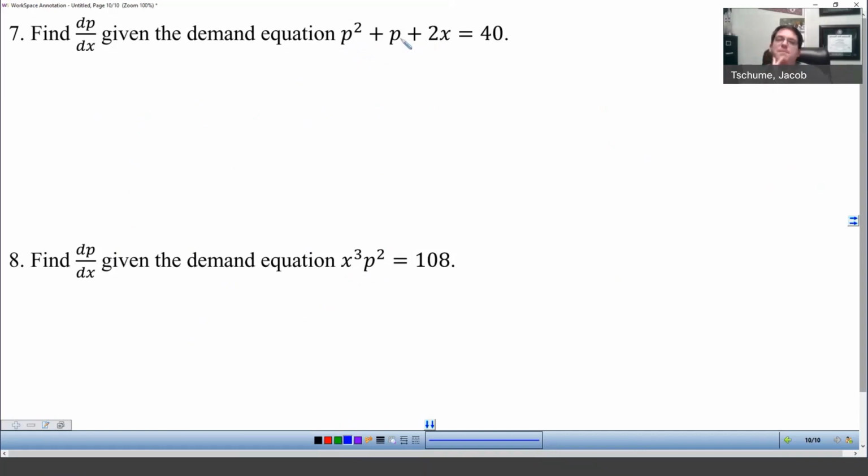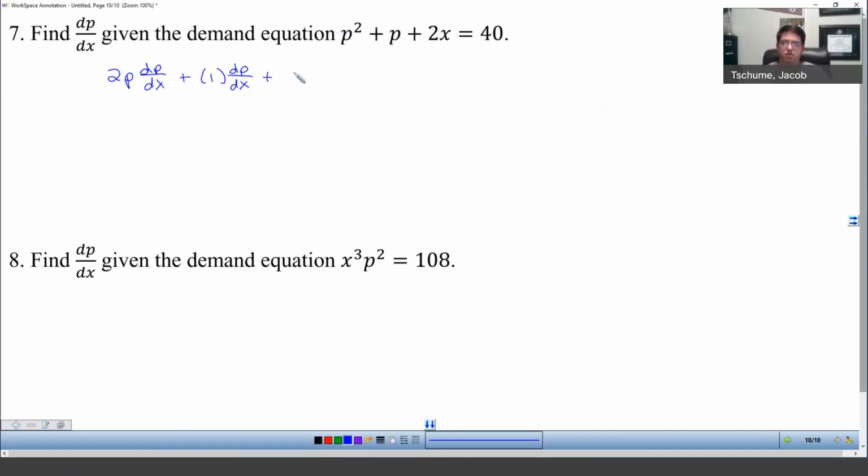So for the first one, I made up p squared plus p plus 2x equals 40. Find dp/dx. Well, if I take the derivative exactly as this sits, the derivative of p squared would be 2p dp/dx. The derivative of p is just 1 times dp/dx.